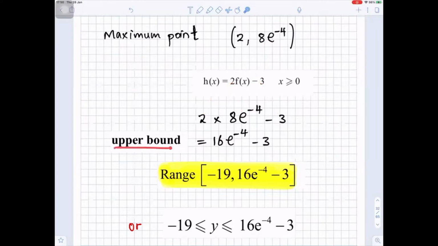So the upper bound is 16e to the -4 minus 3. So your range goes from the lower bound to the upper bound. -19, 16e to the -4 minus 3. You can write it like this: -19 less than or equal to y less than or equal to 16e to the -4 minus 3.